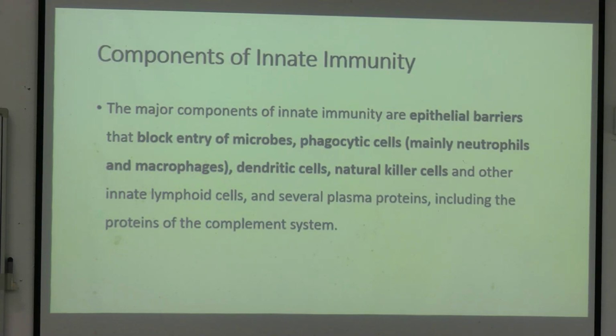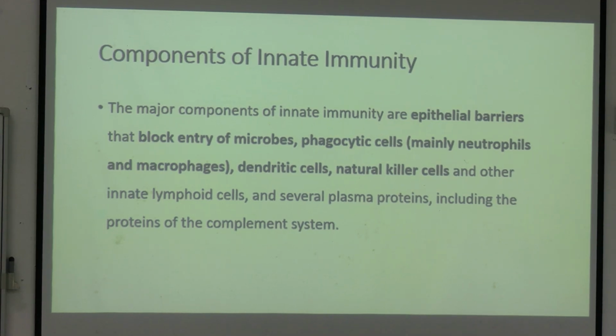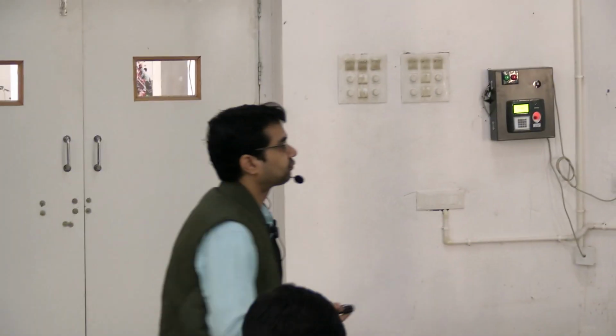Now the components of innate immunity: epithelial barriers that block entry of microbes, phagocytic cells, mainly neutrophils, macrophages, dendritic cells, and natural killer cells. Among these, the most important is the mature dendritic cell. Mature dendritic cells also act as antigen-presenting cells. We will see it later.